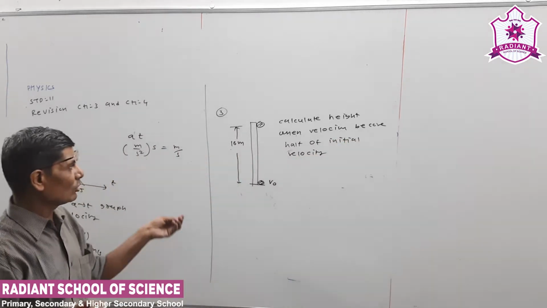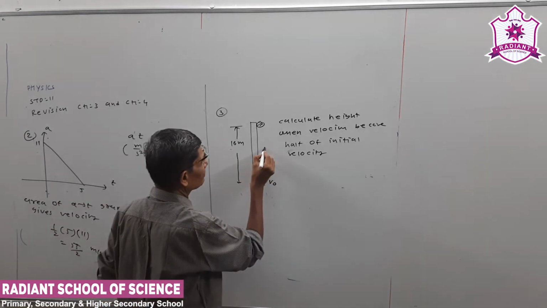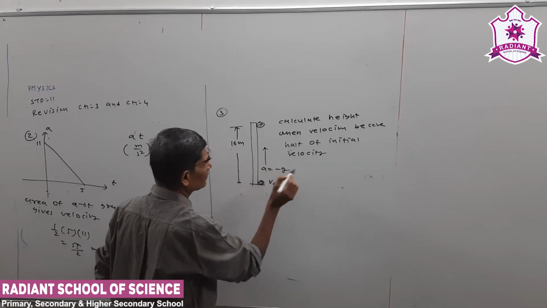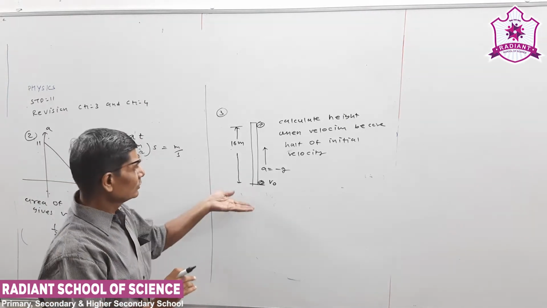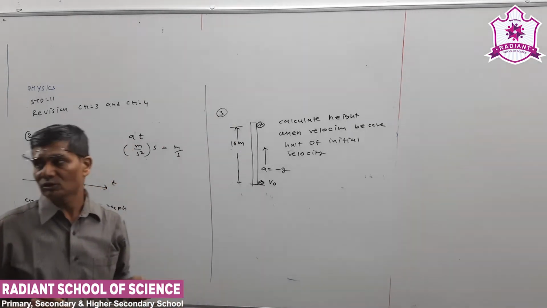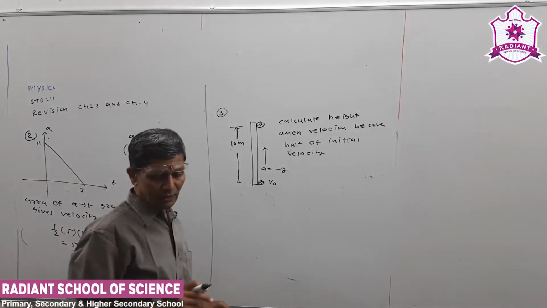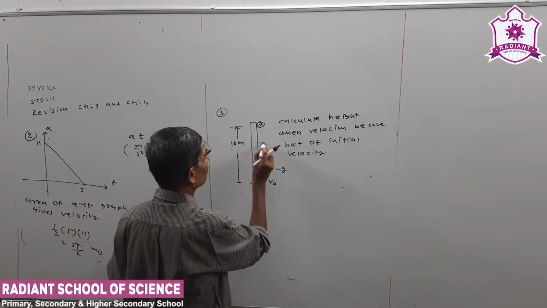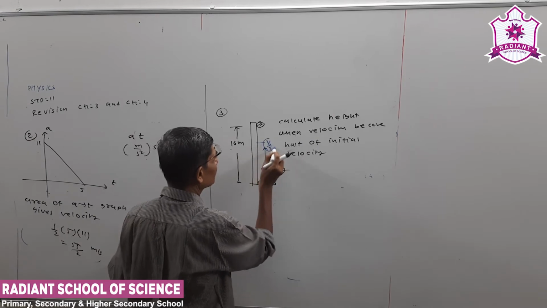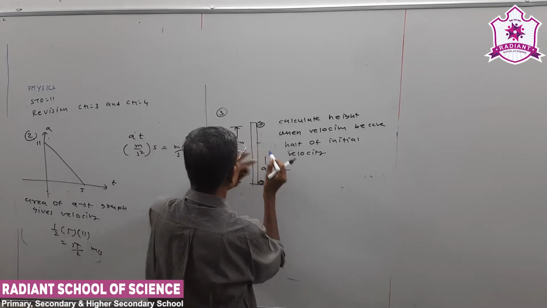Why? Because when the body is thrown in a vertically upward direction, it has a retarded motion. It is a motion against the gravity, so the velocity will decrease and eventually become 0. Now see, we have to calculate the height when velocity becomes half of the initial velocity.